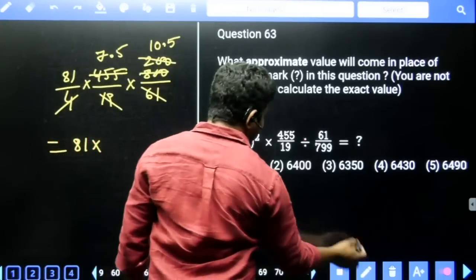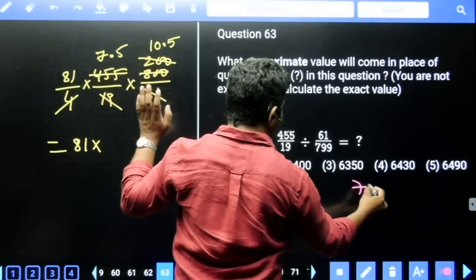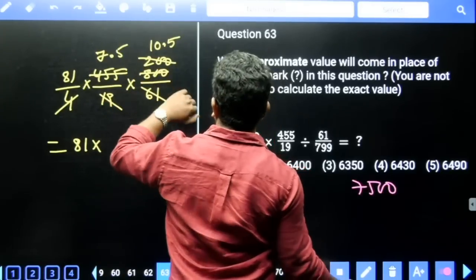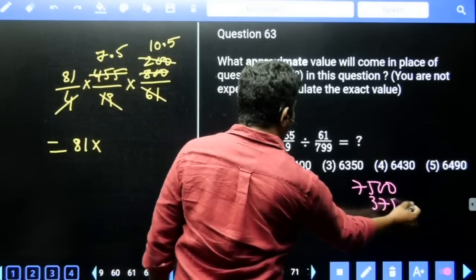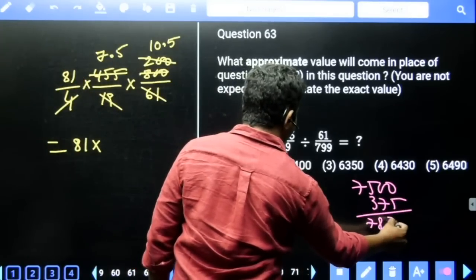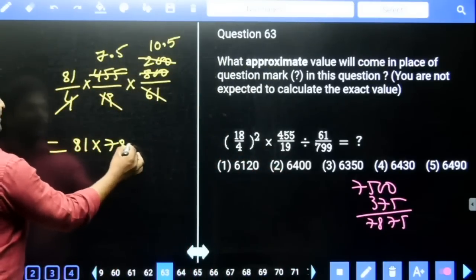We can consider decimals later. 75 into 105. 75 100 times is 7500. 75 5 times is 375. Total it is 7875. You can treat it as 78.75.